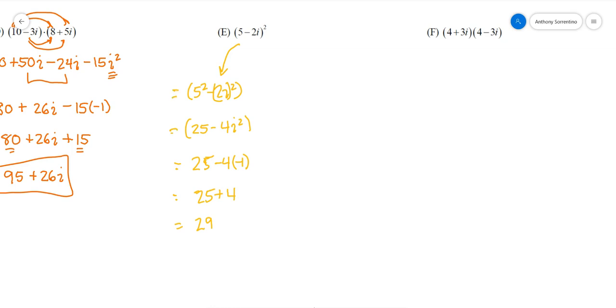Now you're going to see part of that is used, but the thing is, you're not squaring it correctly because squaring is not distributive. Only multiplication is.